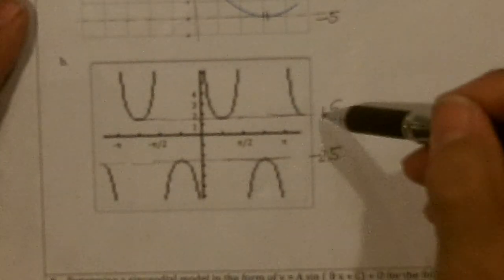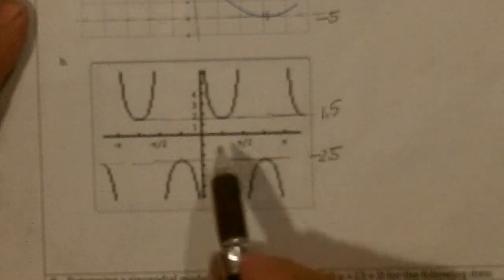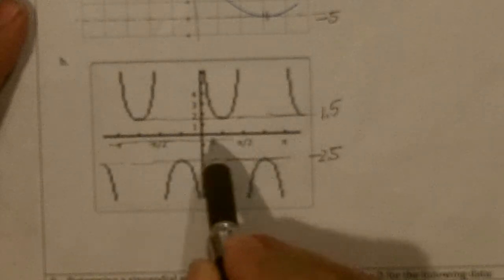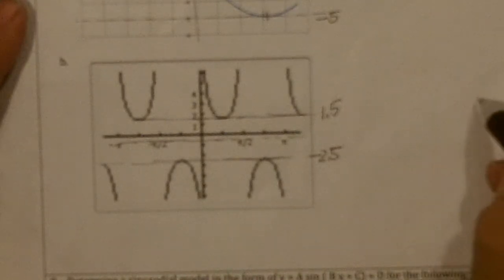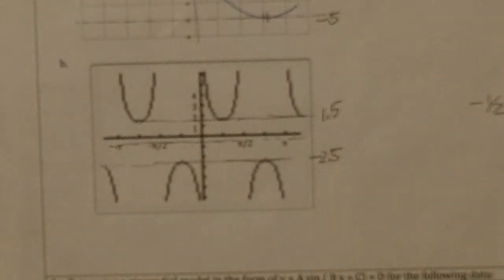So the center line must be halfway between those. If you add those, you get -1 divided by 2. The center line is at -1/2. So we have -1/2 or -0.5 on the end of our equation for the center line.